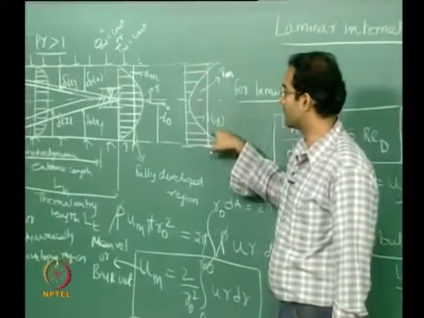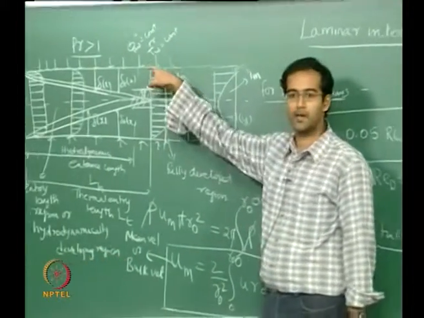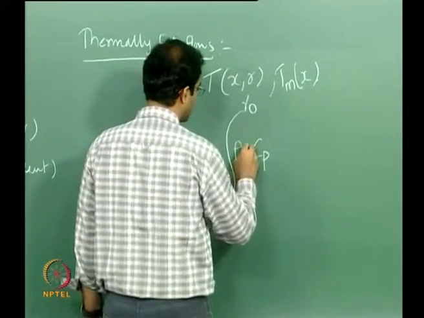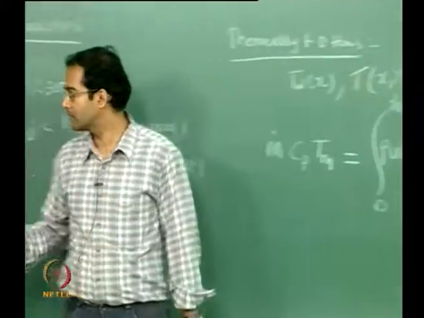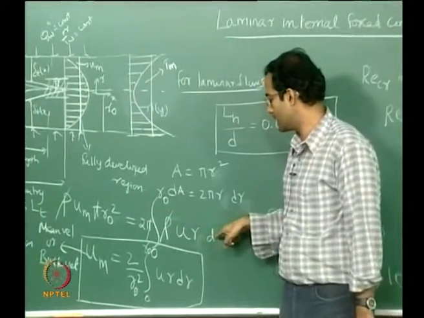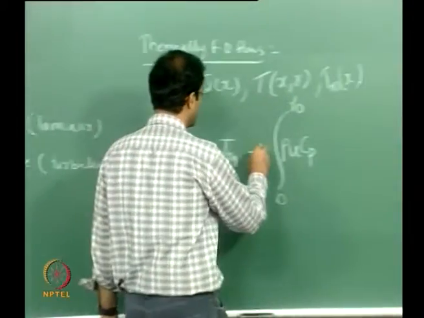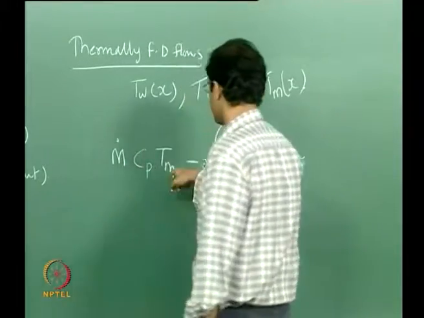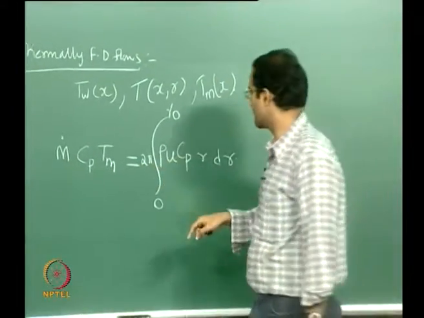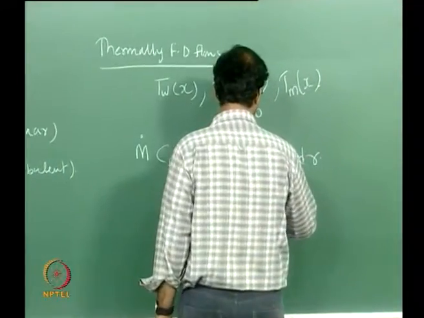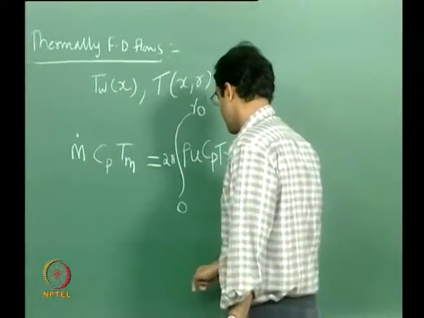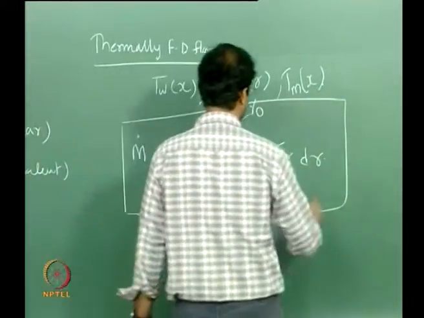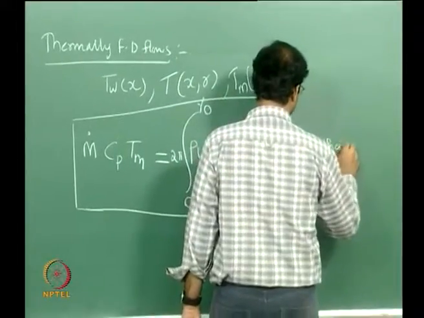Please remember, corresponding to this temperature profile there is a parabolic velocity profile. So my m dot there will be rho u into dA, which is your 2 pi R dr. And of course you have your temperature into the enthalpy. So this will be T into R dr. So this is the balance of enthalpy, satisfying enthalpy conservation.